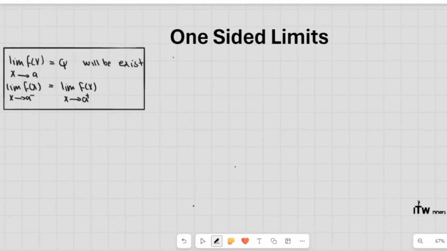example 1. Given here f of x divided into intervals.